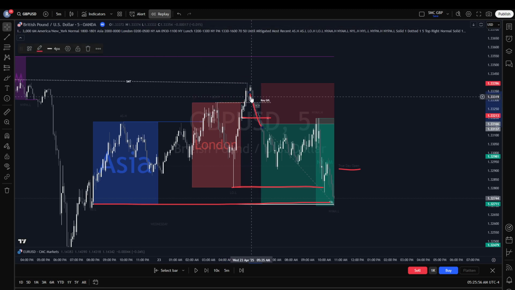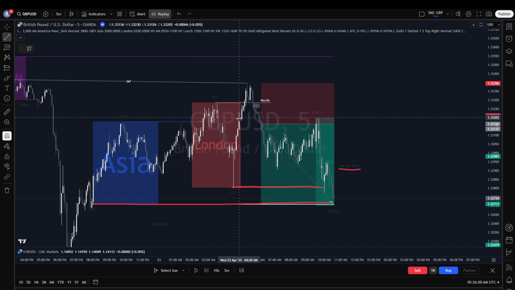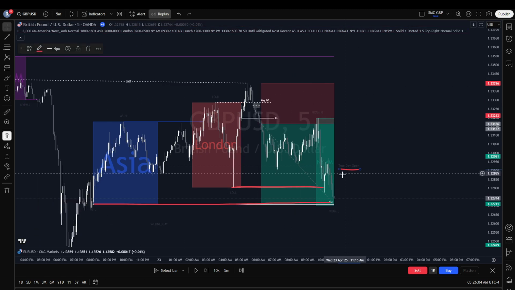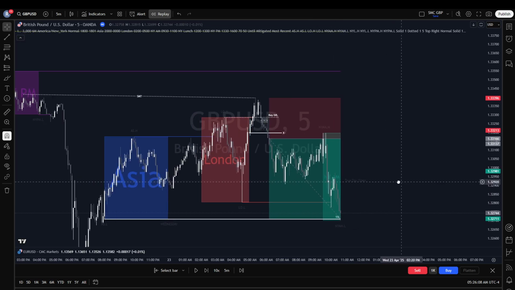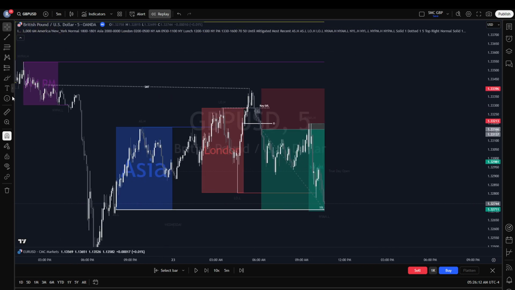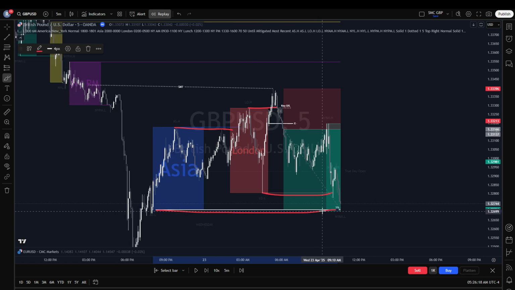Okay, and I'm not saying that these are the only targets for your draw on liquidity in the market. There's other internal levels you can use. You can use fair value gaps, just swing highs and lows. But once you see these targets hit, a lot of the time you're going to face chop. Like for me personally, after this trade, my London highs and my Asia highs and my London lows and my Asia lows have been taken out.